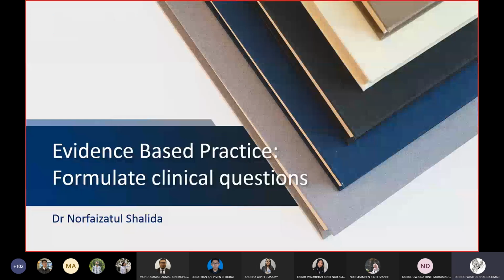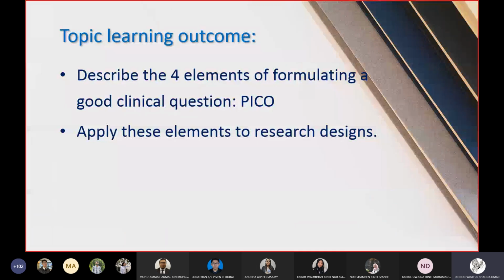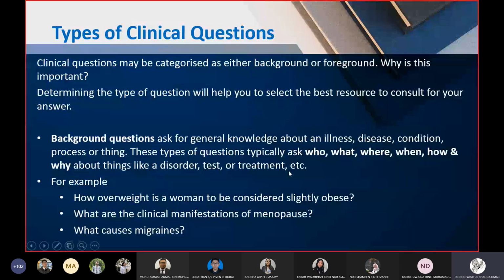So if there are no questions, I'll proceed. Formulate the clinical questions. Formulating clinical questions is based on this PICO concept that I mentioned just now, and applying these elements to the research designs. There are two types of clinical questions that you need to know. The first one is the background question.